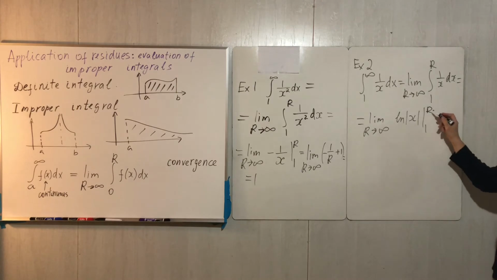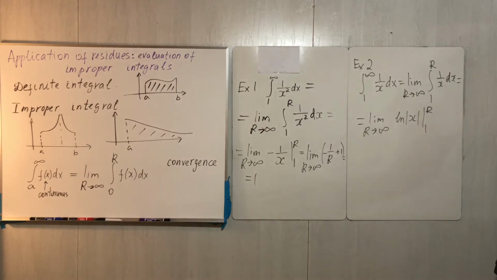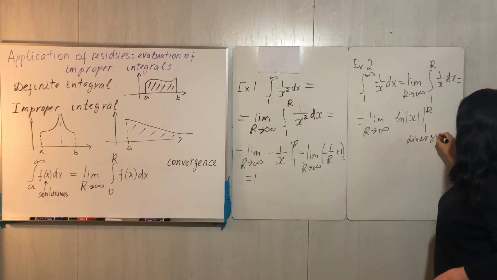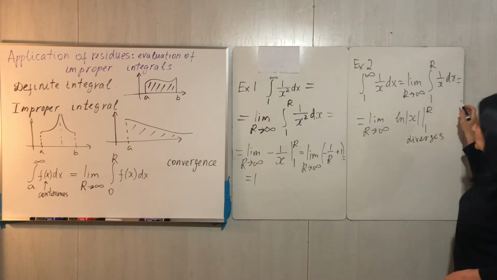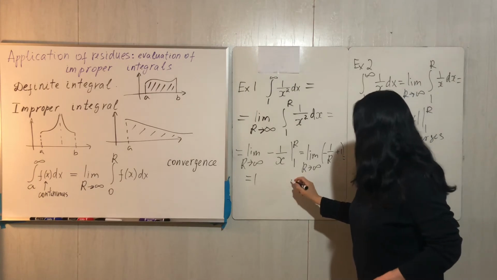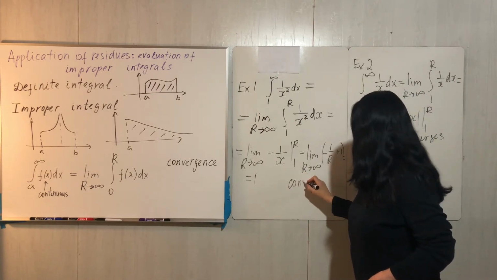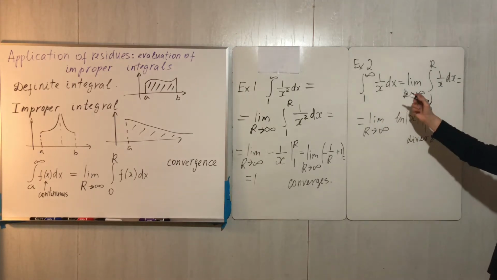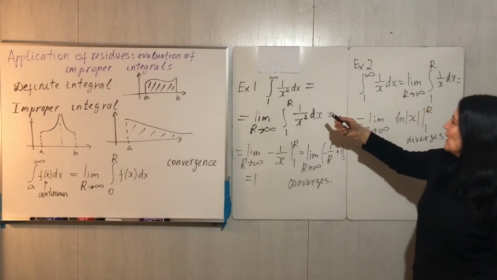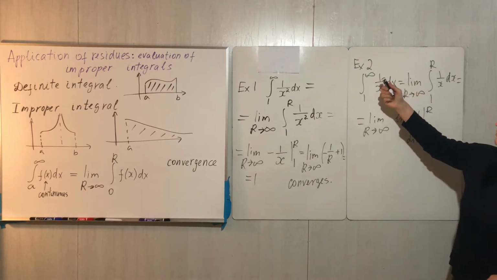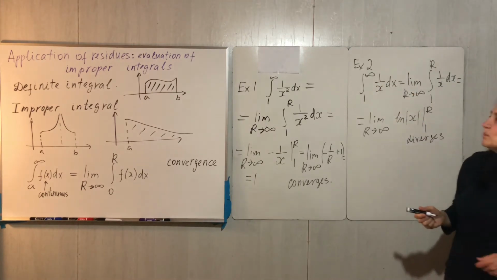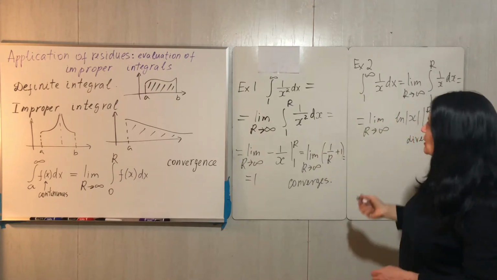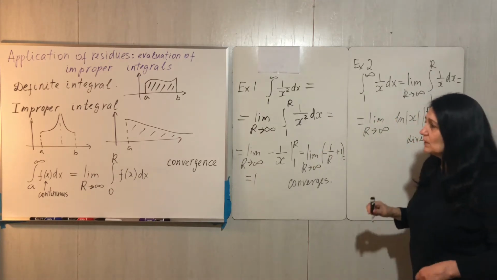Then ln of r grows, so the integral diverges. It's going to infinity. So the previous one was a convergent integral. You probably remember that if you have an expression of the form 1 over x to the p, then p must be greater than 1 to get a convergent integral. So this was one example.